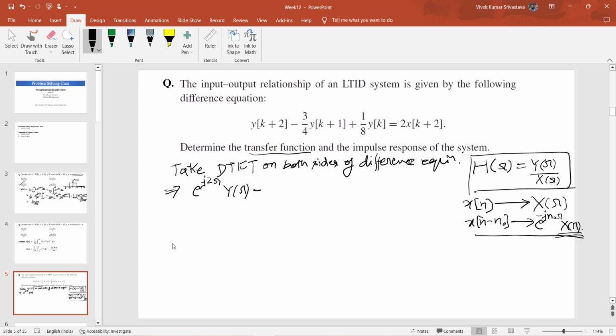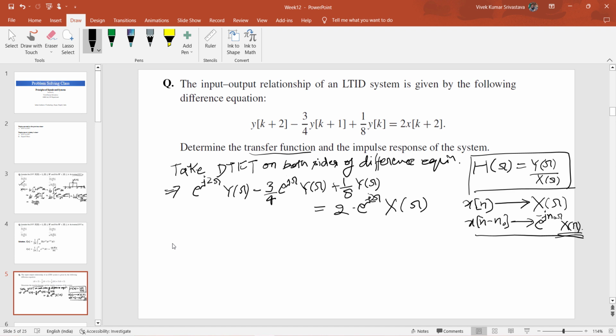Now the second term will be 3 by 4 into e raised to the power j omega into Y of omega, plus 1 over 8 Y of omega, is equal to 2 into e raised to the power j 2 omega into X of omega.